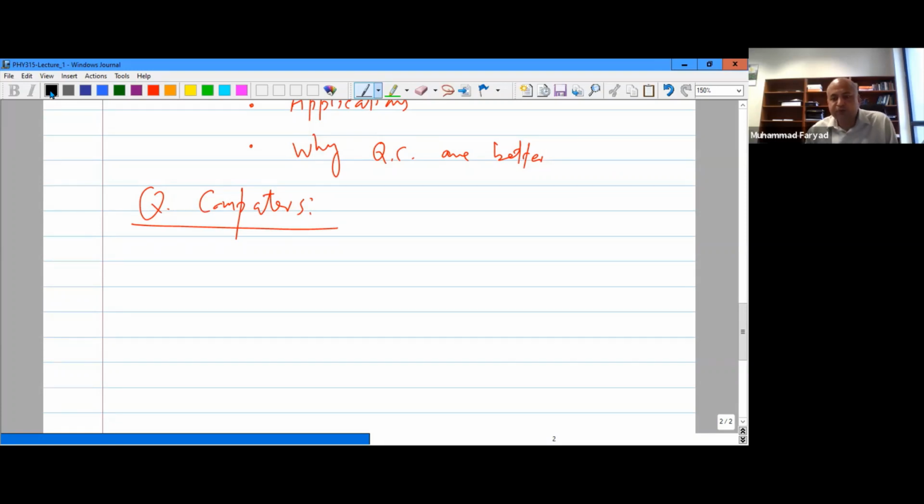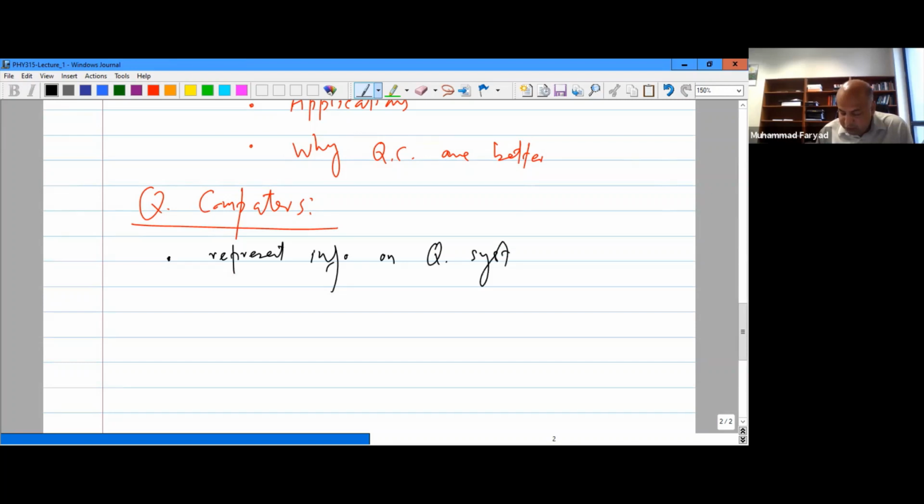But if we think about a device level definition for quantum computers, we can say that this is a device where we represent information on quantum systems.